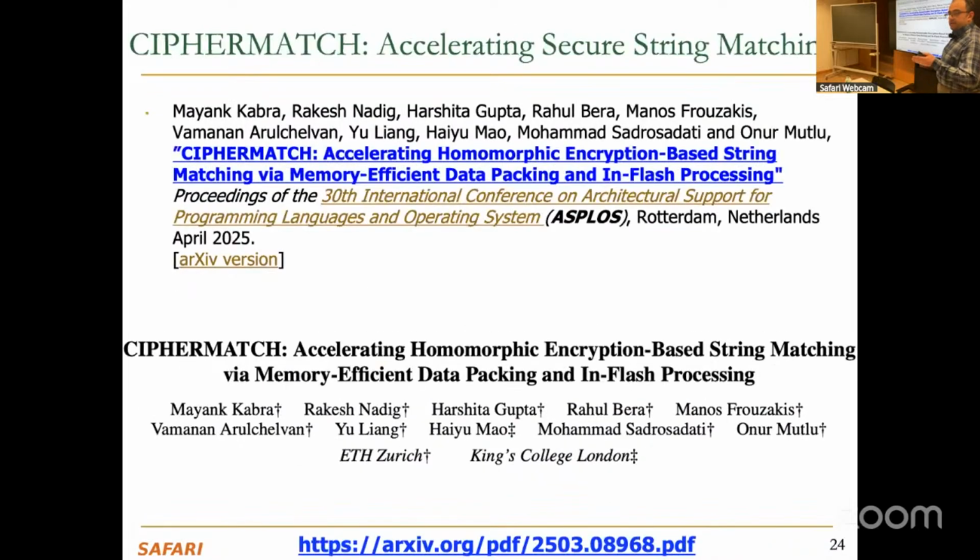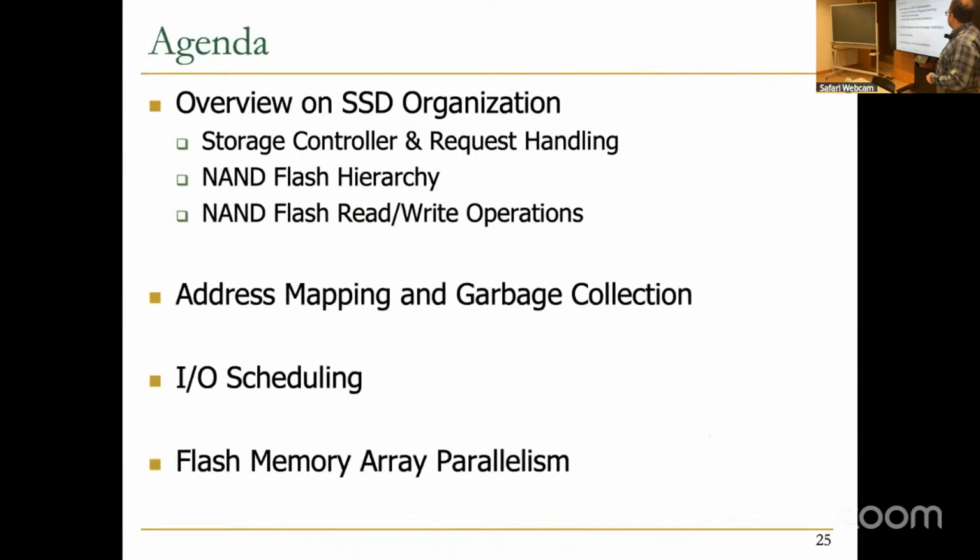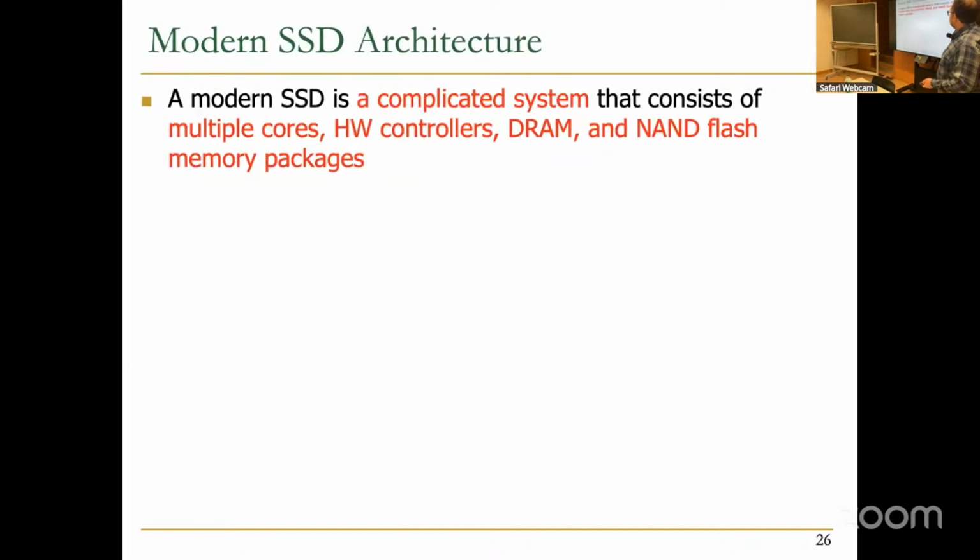And recently, Mayank also published CipherMatch, where he accelerated homomorphic encryption using flash processing. So this topic is very active in our group. If you're interested in this lecture, you can approach us, similar to other topics that we have discussed during this semester.